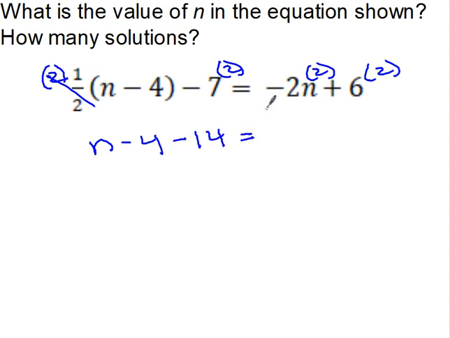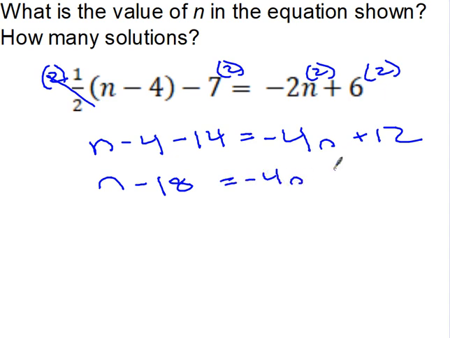Negative 2 times positive 2 is negative 4n plus 12. Cool. So now I'm going to simplify the left side. The right side's already simplified. So I simplify the left side to get n minus, I combine negative 4 and negative 14 to get negative 18 equals negative 4n plus 12.